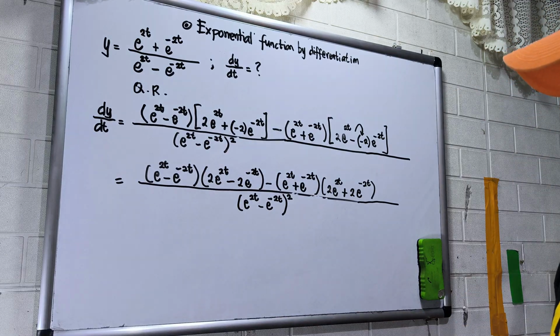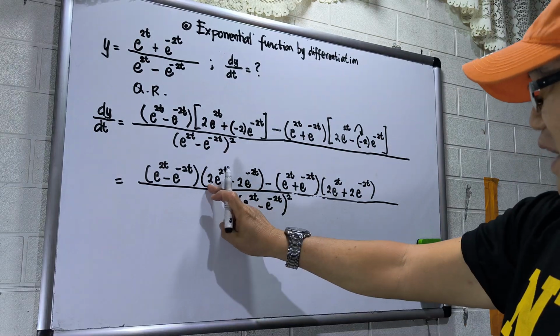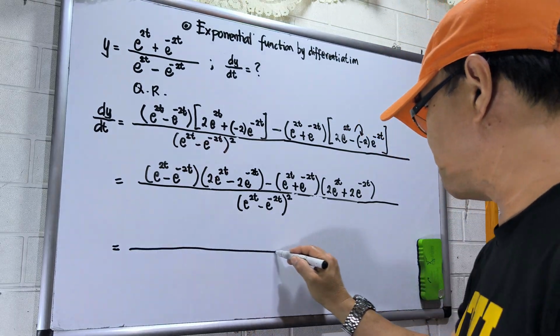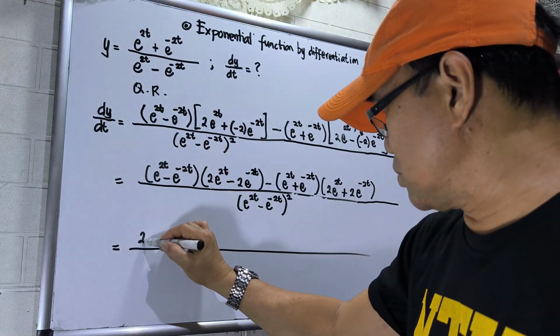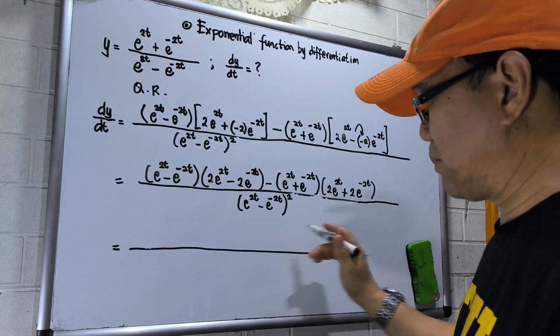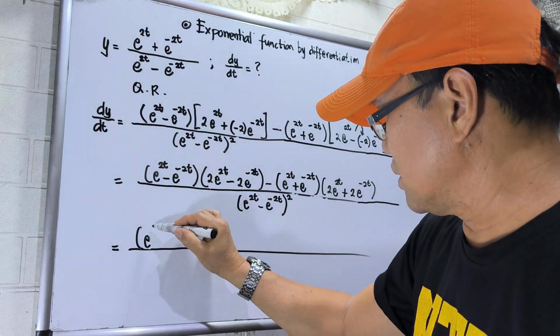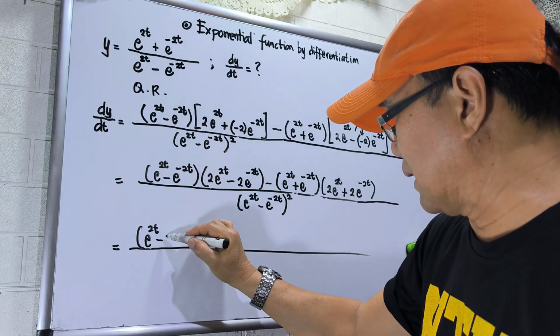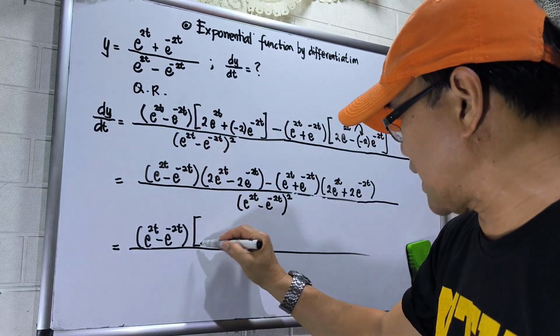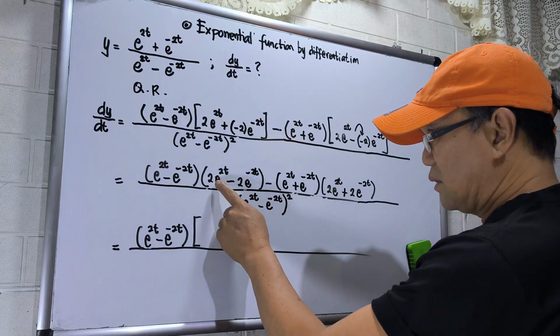Okay? Next, I have to factor out the 2 here and also here. So this will be 2, or I'll just write it first. This will be (e raised to the 2t minus e raised to the 2t power). Then I will use square brackets because I need to factor out 2.